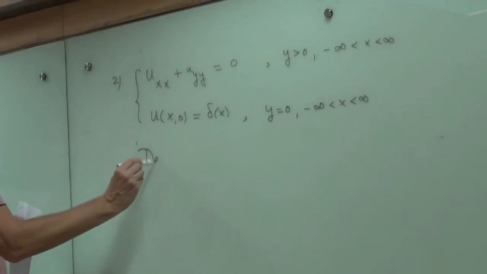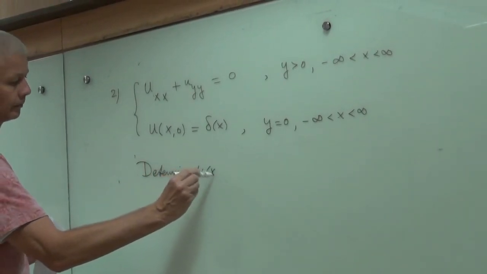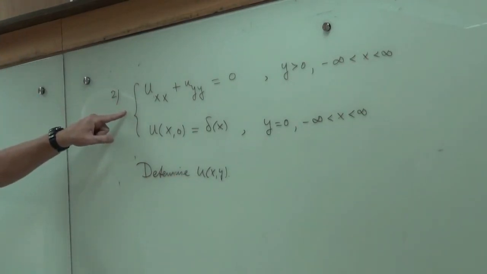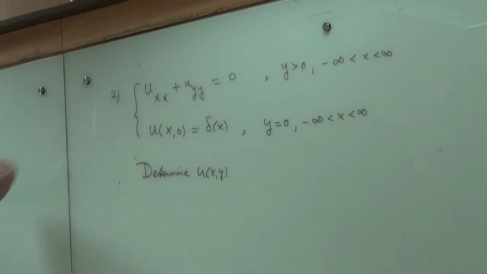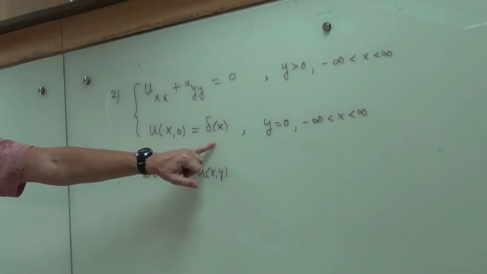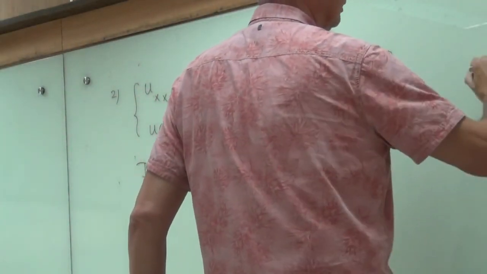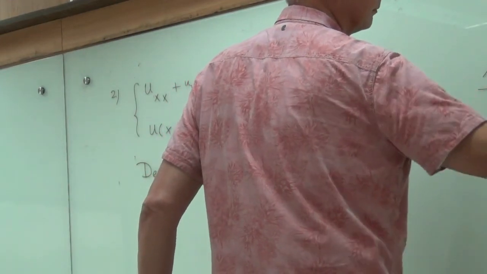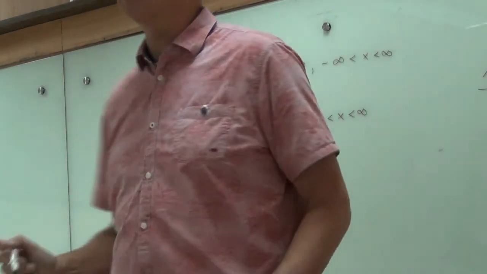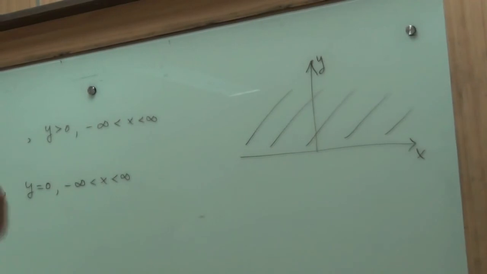If you look at the second exercise, then you have of course to determine u. This problem, well, if I take here a function f(x), then actually the problem is something like this. This is our domain. And you know how to solve this problem by means of Green's functions.